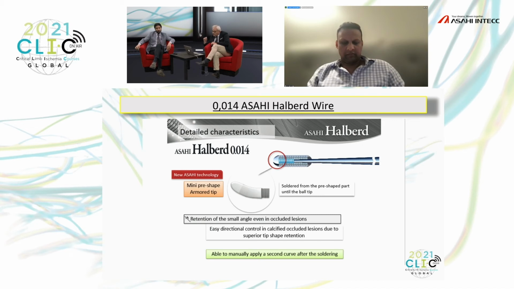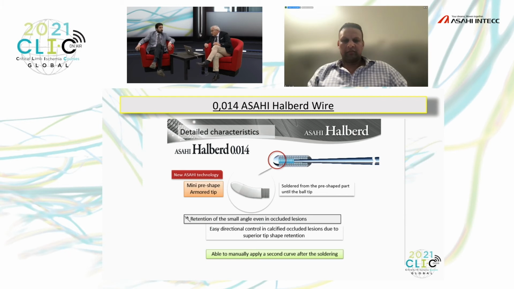This curve, this pre-shape, is capable of approaching microchannels and following microchannels, and you can see here the possibility of maintaining the shape of the wire in the middle of the occlusion.